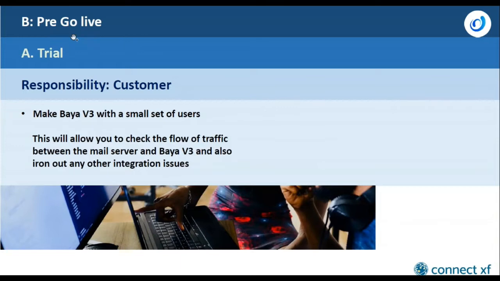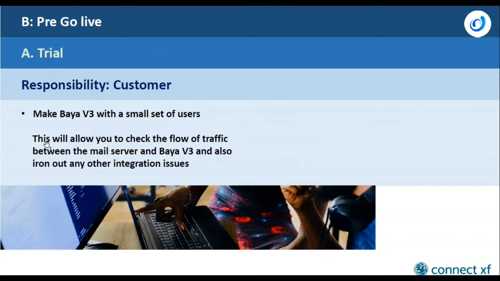Now let's go to the pre-go live steps. Once all the prerequisites are in place, let's go for a pre-go live trial. Here you can identify a small set of users who will first test BIA 3.